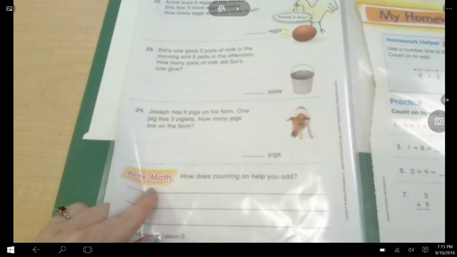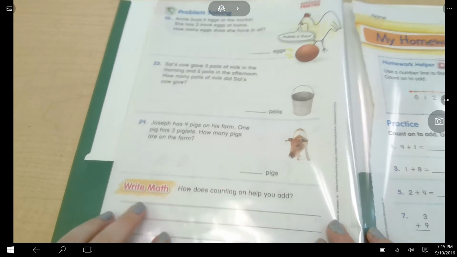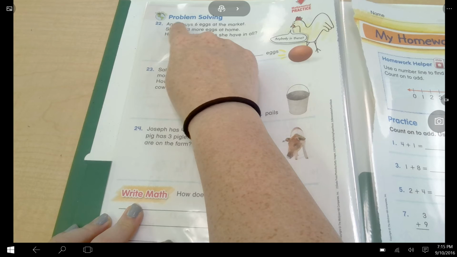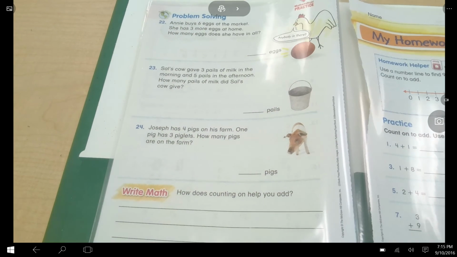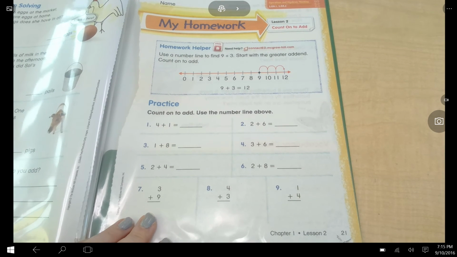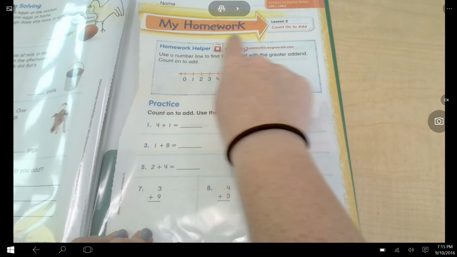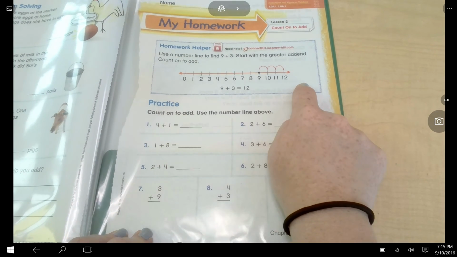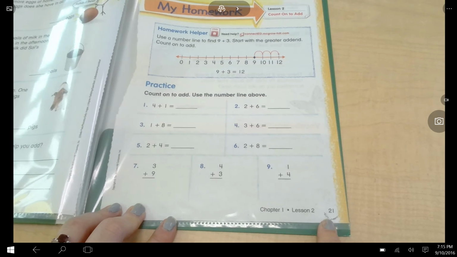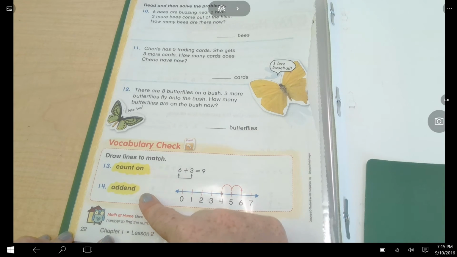The back side that has the chicken, it's called problem solving. You can see problem solving right here. That's page 20. And then do your homework too, so you don't have anything to do at home tonight other than your reading log. Your homework has the yellow arrow at the top with a number line in the box. It's page 21. And do the back side, page 22. You need to do the vocabulary check.